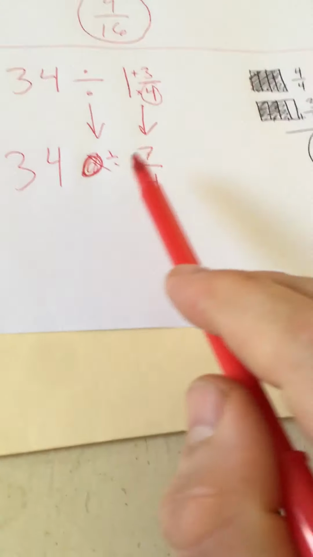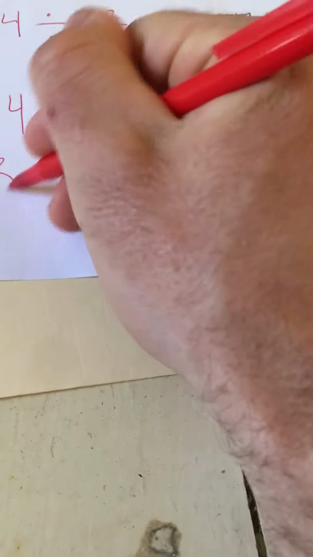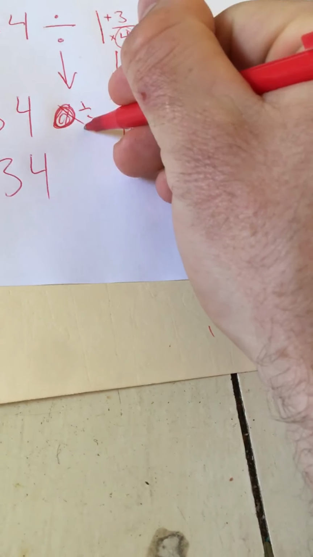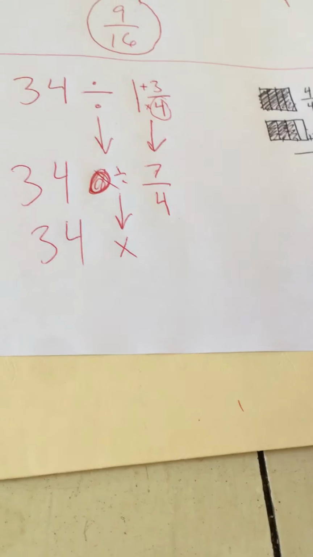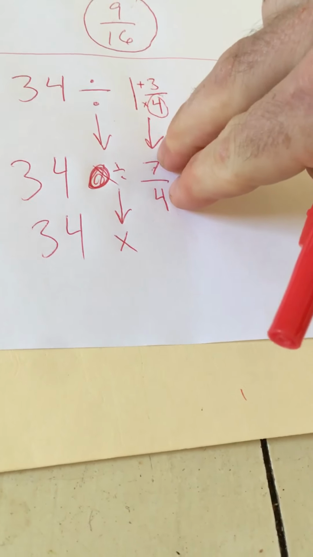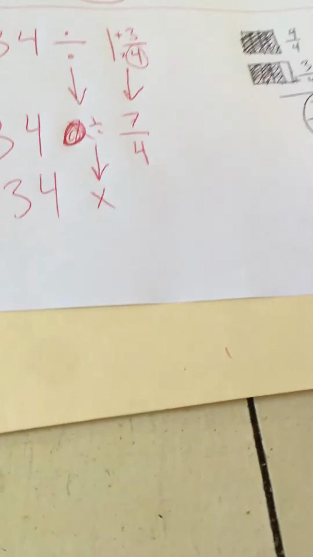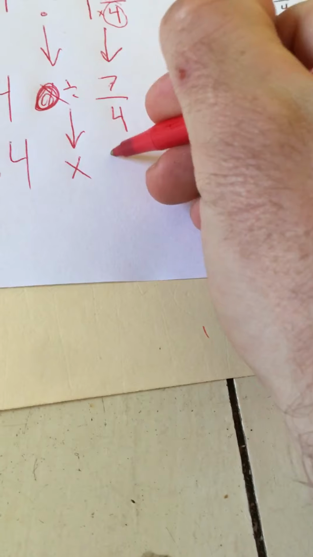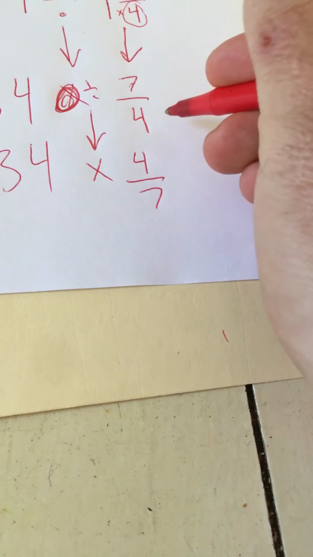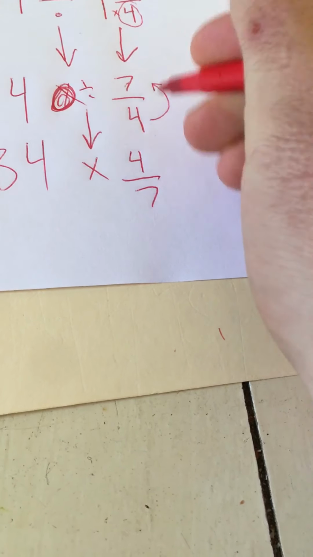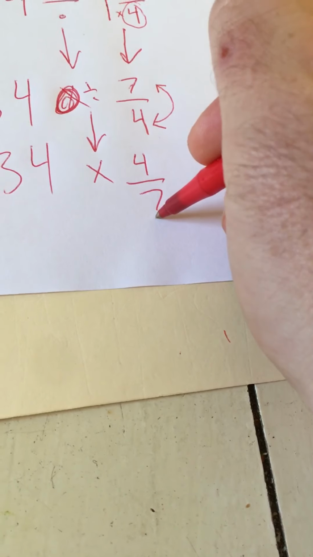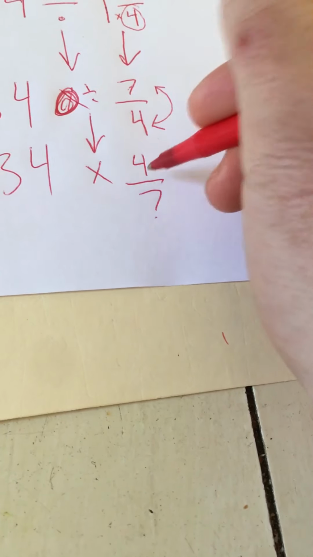Okay, so now we still have 34 divided by 7/4, and like we said, we're going to change, not the 34, we're going to change the division to multiplication, and we are going to take the inverse or the reciprocal of 7/4, which is going to be 4/7. You're just flipping these two. The 7 goes to the denominator, and the 4 goes up to the numerator.